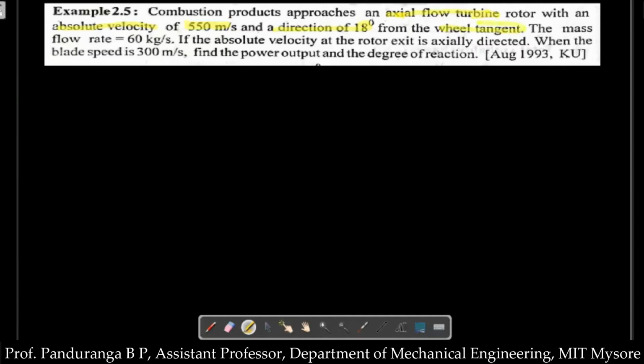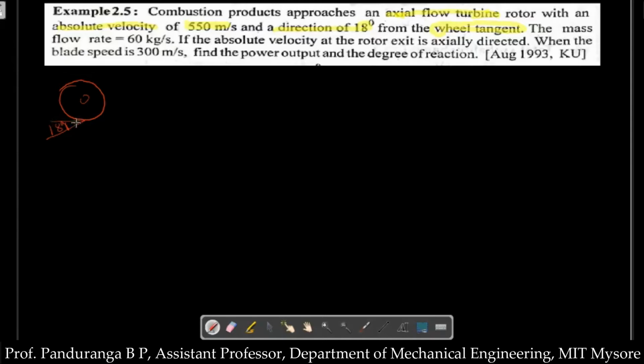So wheel tangent is nothing but, if I draw here the rotor or the shaft, this is the shaft and this is the rotor. So the gas is entering tangential to this. The gas is entering at an angle of 18 degree. So this angle is 18 degree.